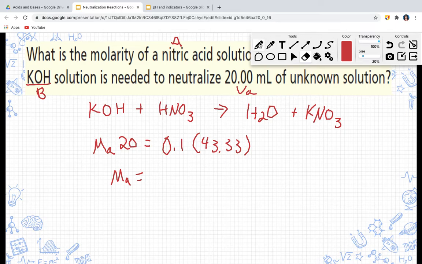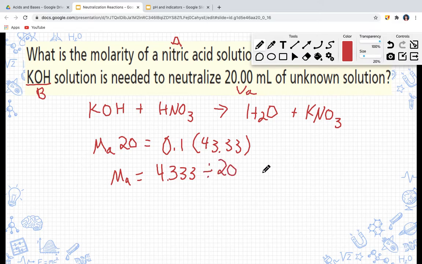That should be 4.333. We're going to divide that by 20. That should get us to molarity.